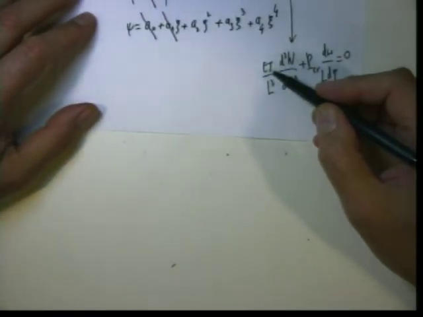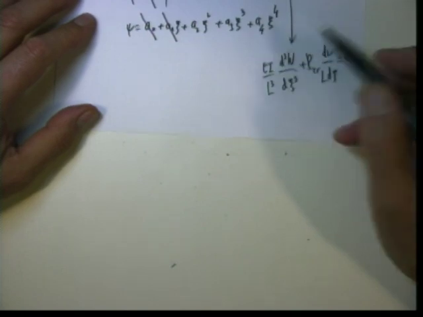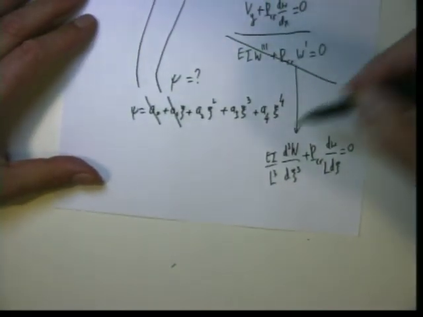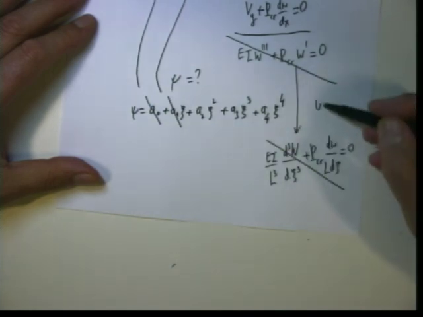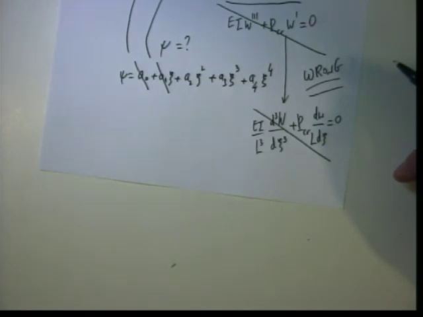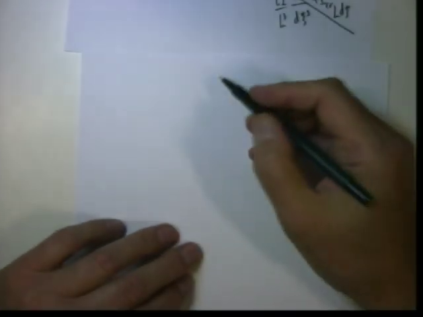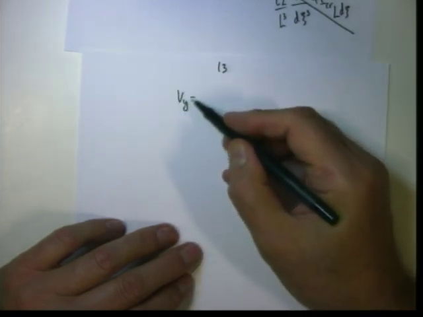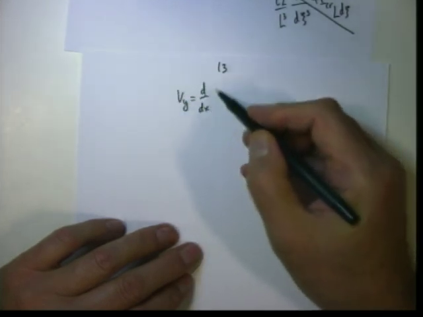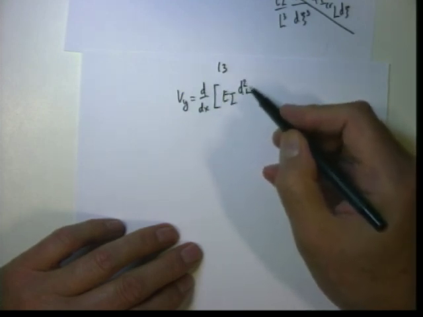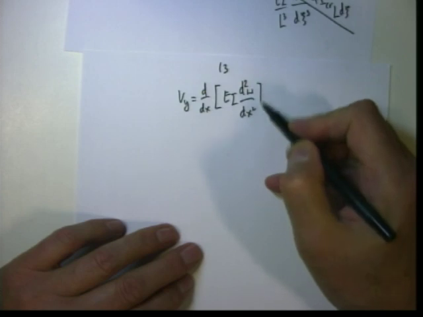Now, I said EI, sorry. This is all wrong. I'll explain why it is wrong. Vy equals d dx of EI d2w dx squared.